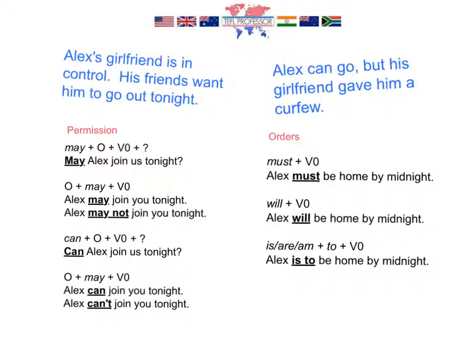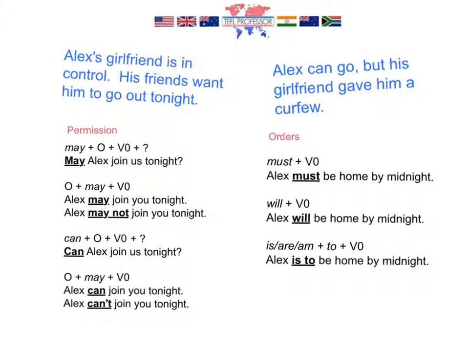And then can. Can Alex join us tonight? Alex can join you tonight. Alex can't join you tonight. So with permission, when you're asking if you can do something, if you're talking to your teacher, or you're talking to your mom or dad or your boss, you usually say, may I do something? Can I do something?